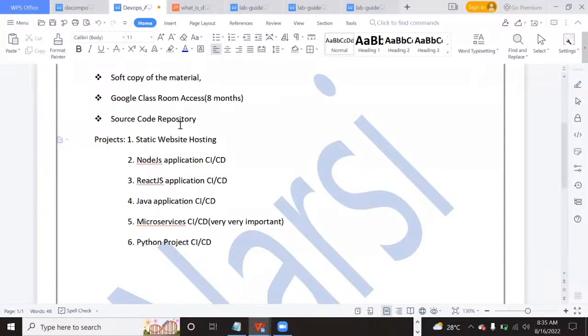Why? Because real production platforms are all on Linux because of the security. On Windows, we might encounter viruses and all.